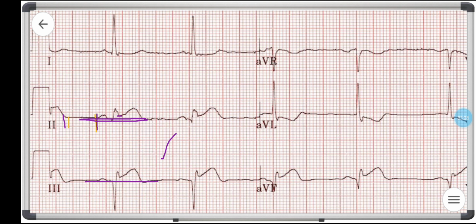Here we can see it's elevated. In lead 3, you can clearly see that it's elevated. In the AVF, that's also elevated. It's 1 mm elevated over here, 1 mm over here as well, 1 mm in lead 2 as well. So that's why it is ST elevation.